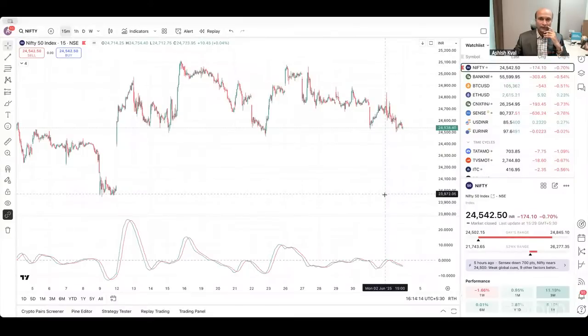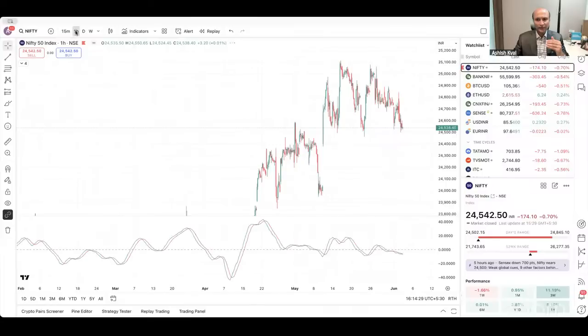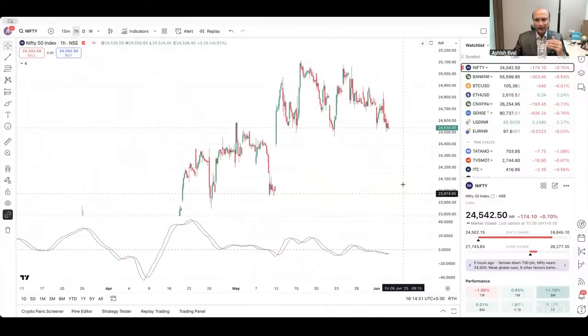When you are looking at this price action, you have to look at both things combined together in a very simple and systematic way. So for example, if I'm looking at a 1 hour time frame chart, I can see that the markets have been drifting on the downside.